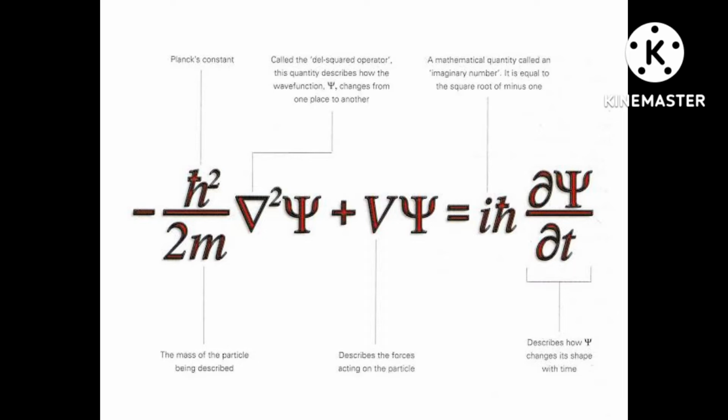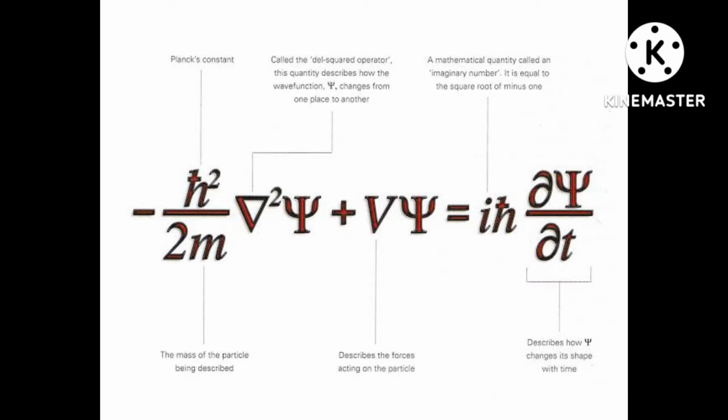And also we know that an electron may have two types of energy, kinetic energy and potential energy. That's why both energies have been considered.